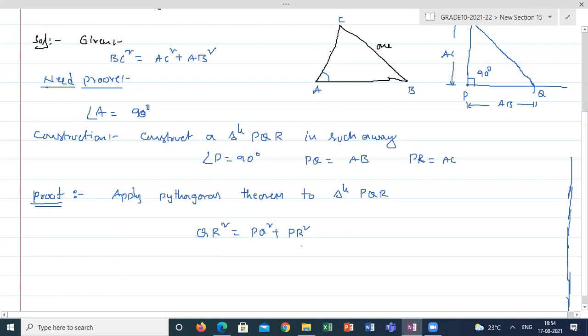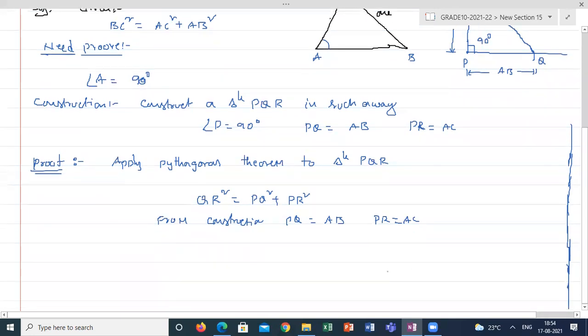So I am constructing in such a way, from construction, PQ is equal to AB, PR is equal to AC. If I replace with these values in the above statement, then QR square will be equal to AB square plus AC square.